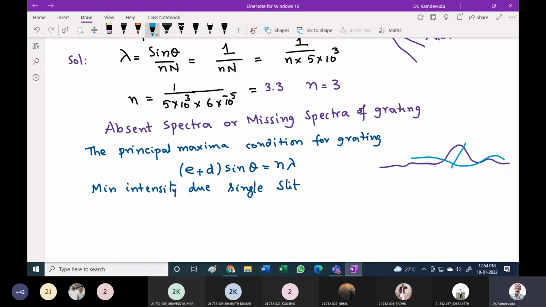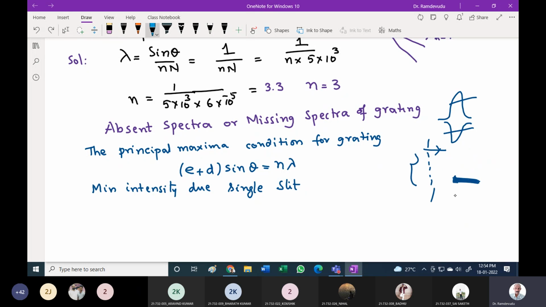Therefore they cancel each other, and hence this particular order is missing. Whenever the maxima of one falls on the minima of the other, they cancel each other. So for a certain value of the grating condition, the minima of the single slit will fall on it. I write the minimum condition for the single slit as e sine theta is equal to n lambda.